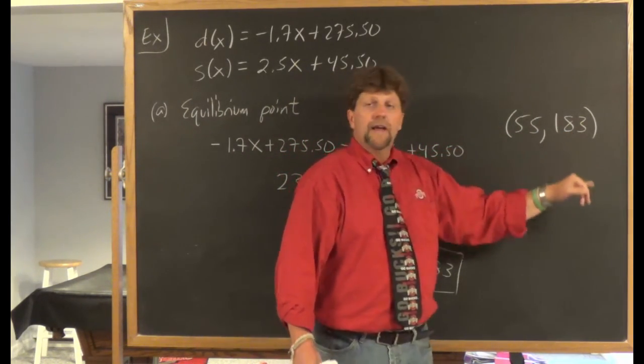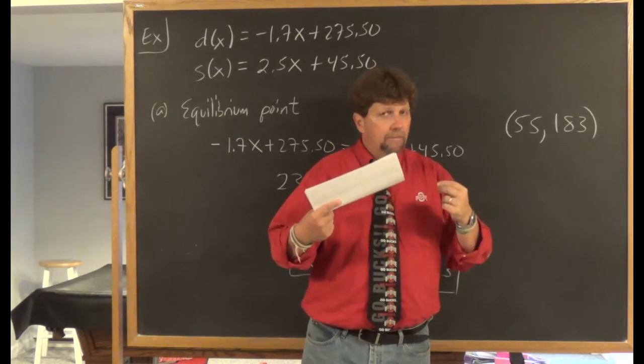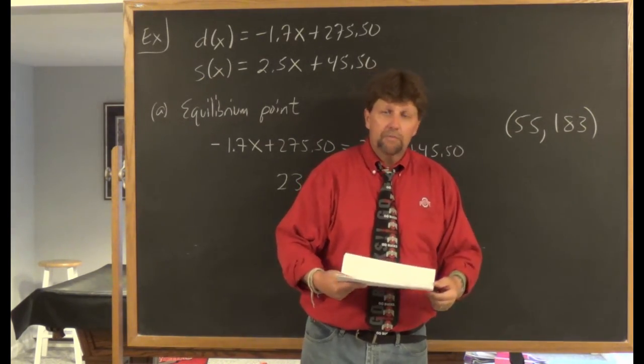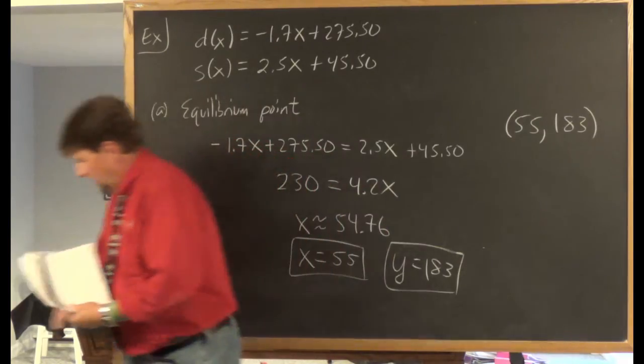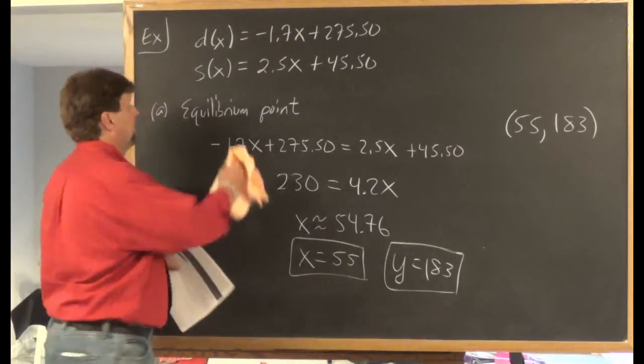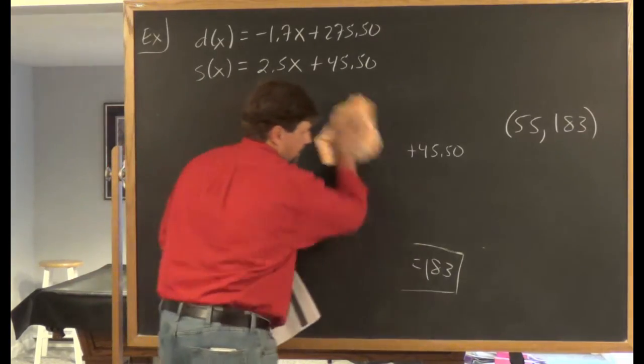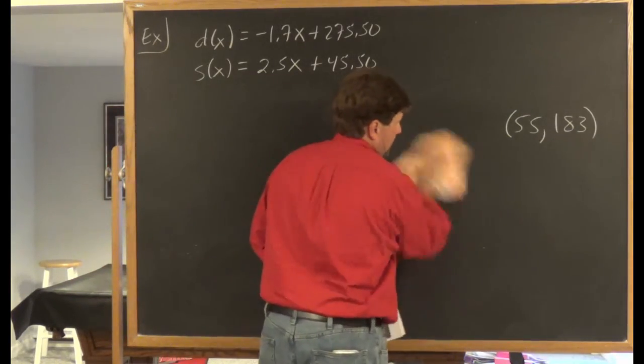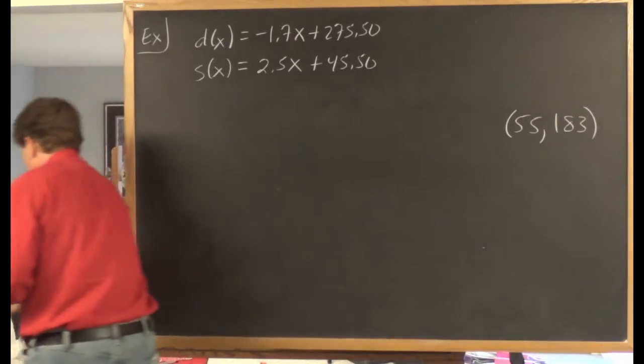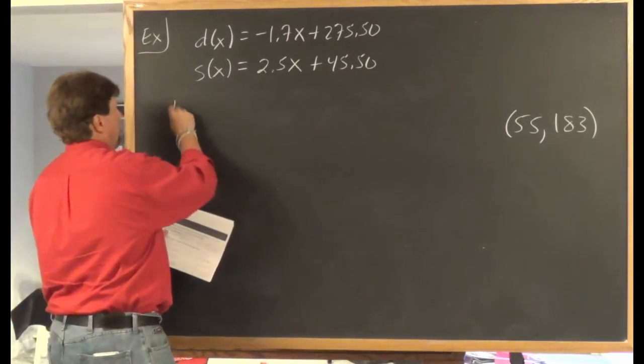I'm going to need those values when I find my consumer and producer surplus. You know what, I'll just leave that over there so I don't have to try to remember it.